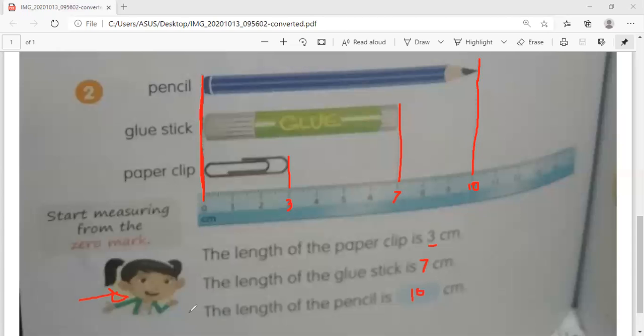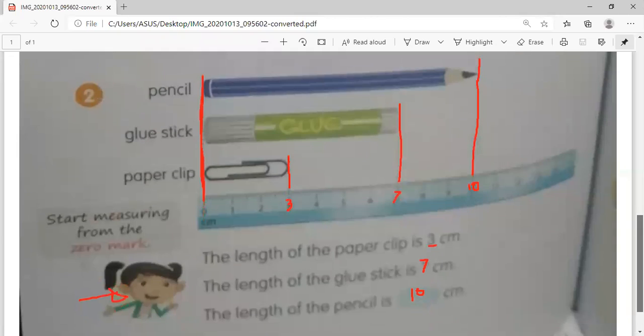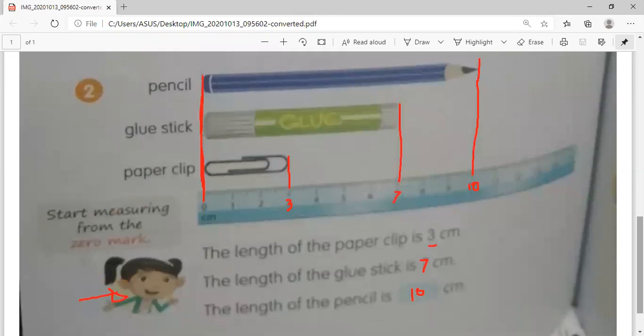Okay, that's it, yeah. For this part, we just learn a little bit simple, but you have to understand that. So our topic today is about measuring in centimeters, which is a standard unit.